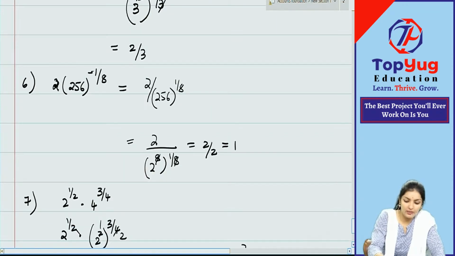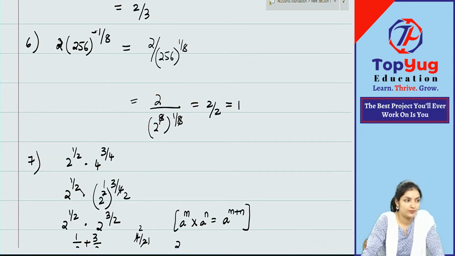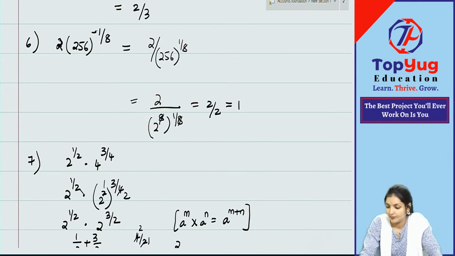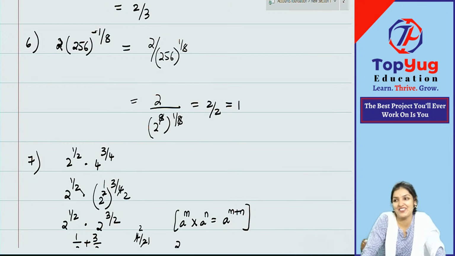Done till 7, everyone? Yes, ma'am. 13th, when you're done with 8, 9, 10, 11, 12. Very good. Girls are fast these days, I must admit.